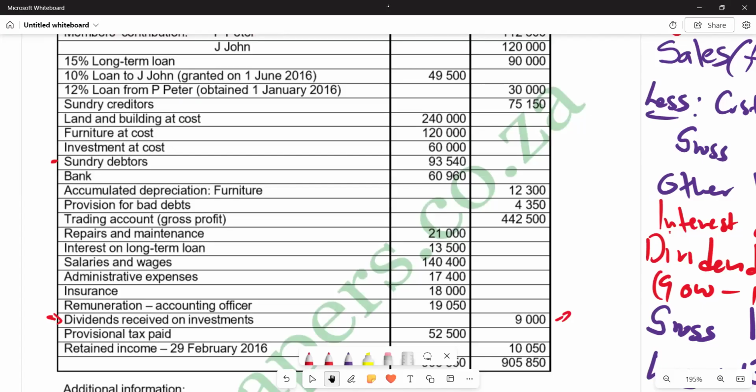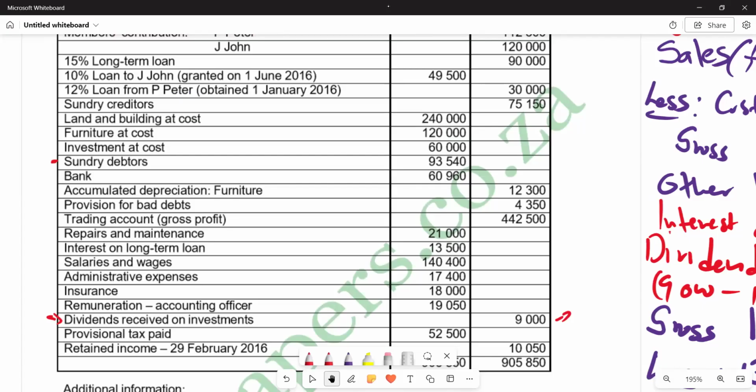If you come in, you see we go to item number 4 here. Salaries and wages include a profit distribution of 15,000 to each member. So this profit distribution is not supposed to be there.